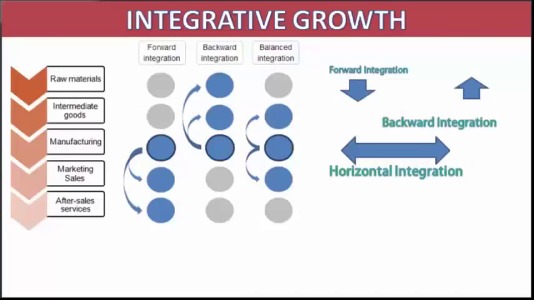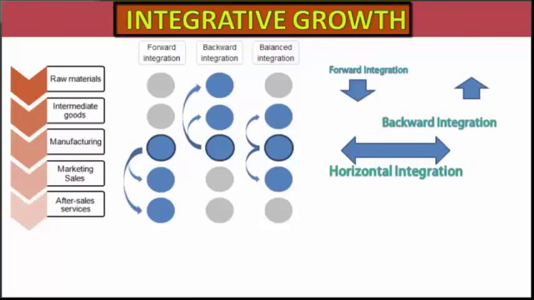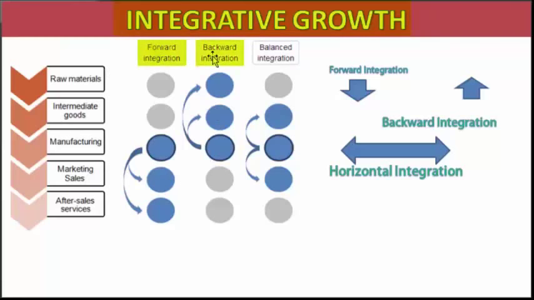In this video, we will start with integrative growth. On the left hand side, I have a chart. It talks about forward integration, backward integration, and balanced integration. For example, if there is a manufacturer of helmets, their manufacturing unit is located at the center. They get their intermediate goods from another seller, and that seller gets the raw material from a different seller.